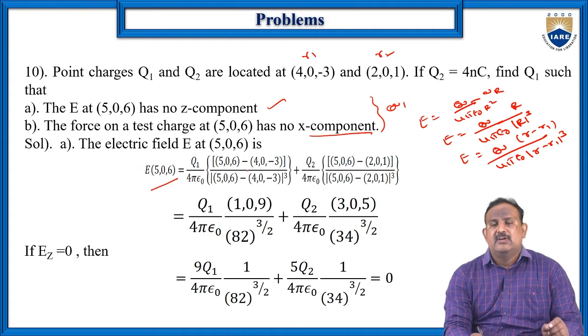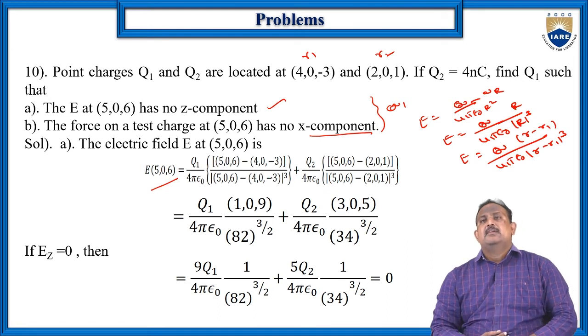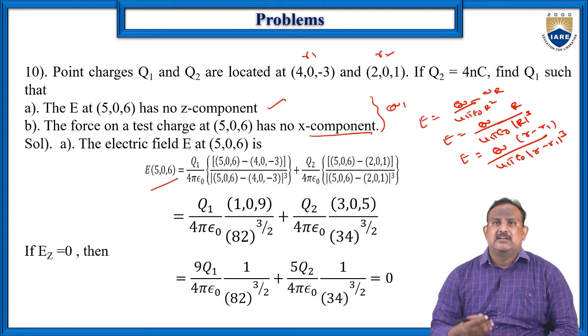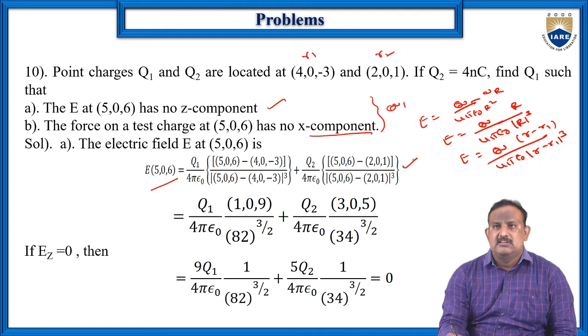Therefore the numerator is (5, 0, 6) minus (4, 0, -3), divided by the modulus of (5, 0, 6) minus (4, 0, -3) whole cube. Similarly, we need the distance between the other two points, (5, 0, 6) and (2, 0, 1). This is the second term.